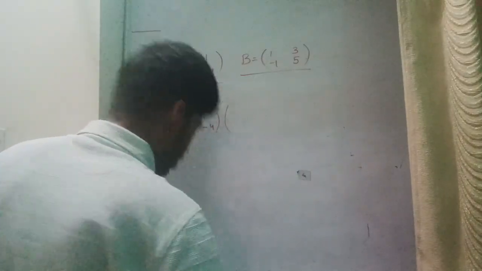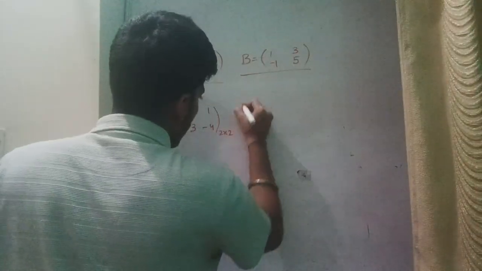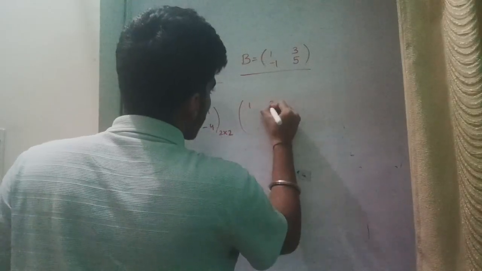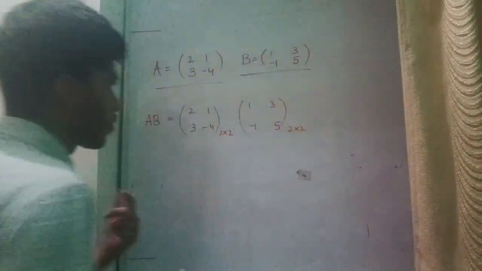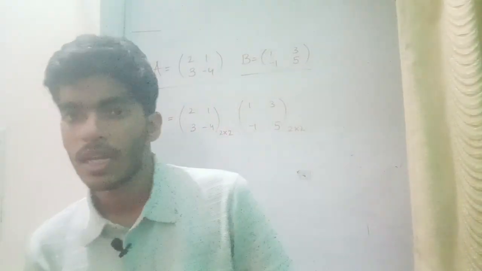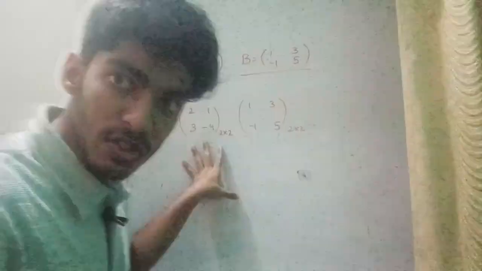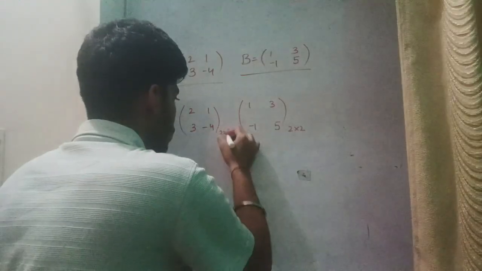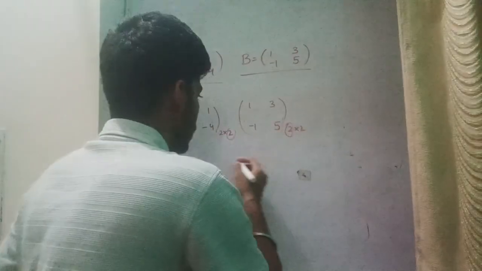times. Now for matrix multiplication, I am going to mention the order of the matrices because it is very important to know the order of the matrices. Whenever we are talking about multiplication of matrices, the number of columns of the first matrix, here it's 2, must be equal to the number of rows of the second matrix, right?